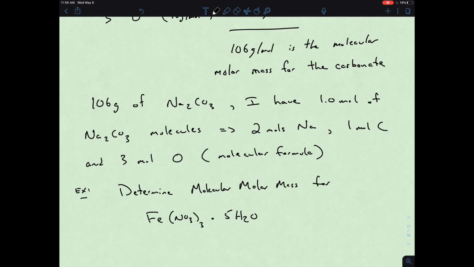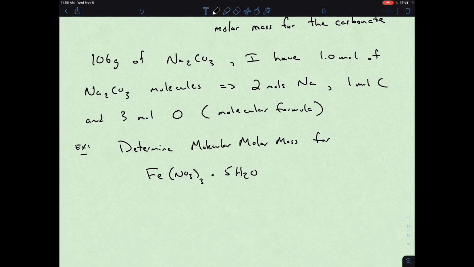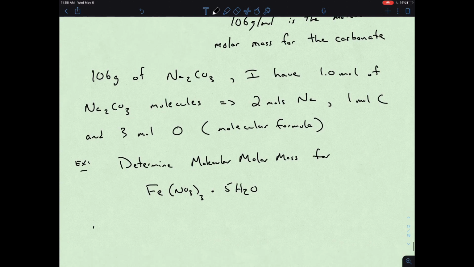This name would be ferric nitrate pentahydrate. I'm not too worried about the naming with this particular one. Let's just get the molar mass down. You have one iron, so that's 55.8 grams per mole.